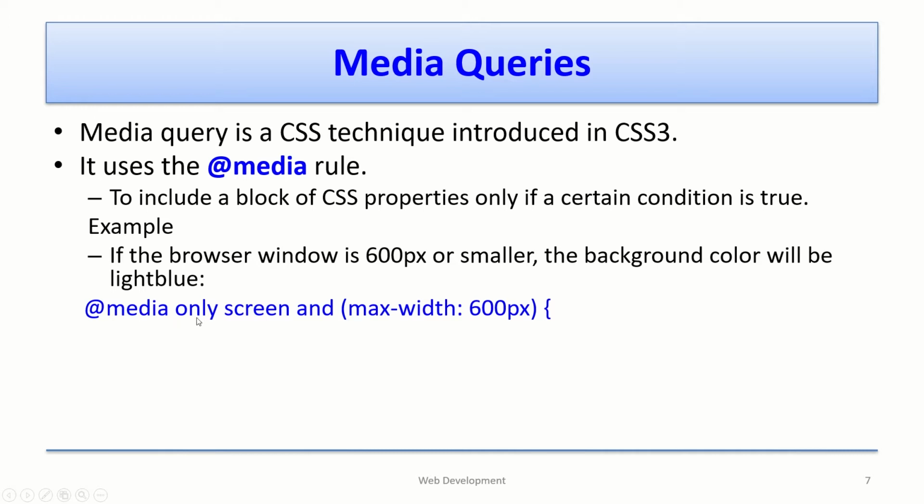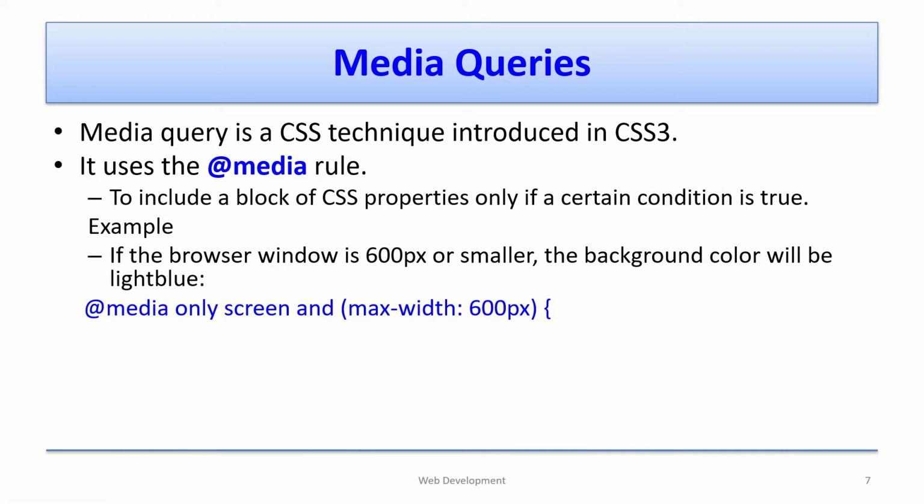Then I say only screen, and here I set the maximum width for the screen. So here max-width is 600 pixels. This is the CSS property max-width.